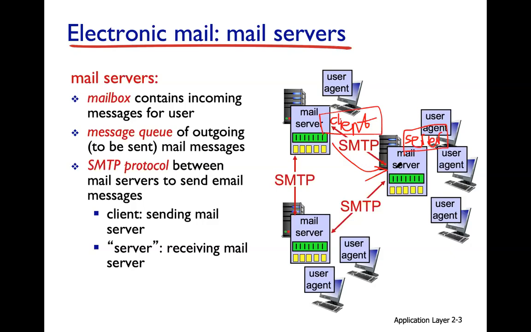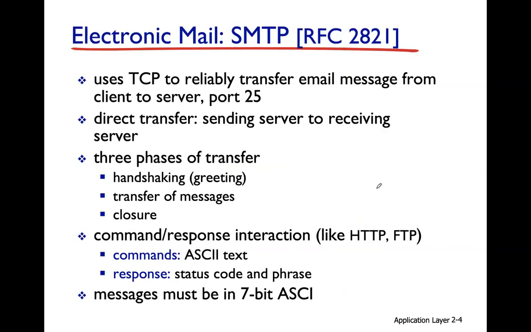But delay doesn't matter, which is why mail is queued at the mail server. So if this mail is from you and I want to send it to this server, I set up a connection to it and then transfer your data. Okay, so this is the picture of the email system.